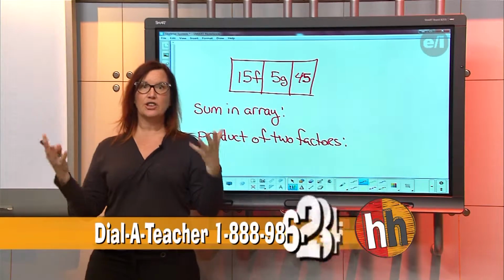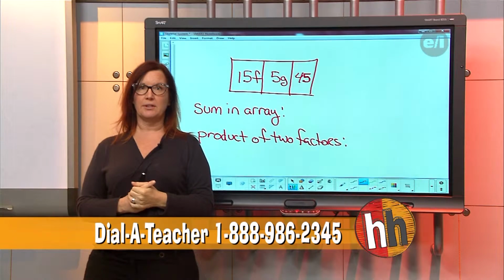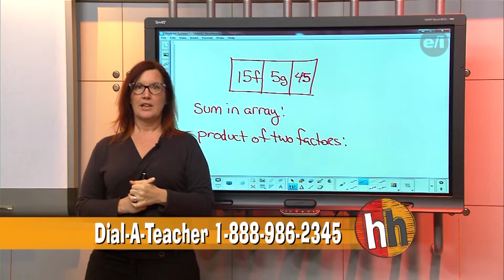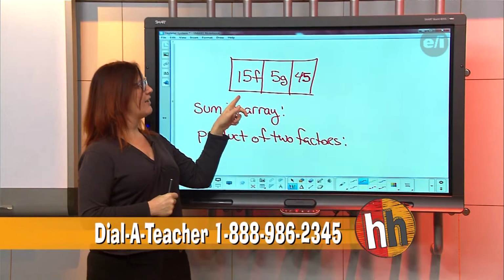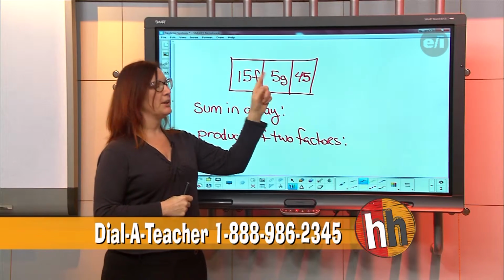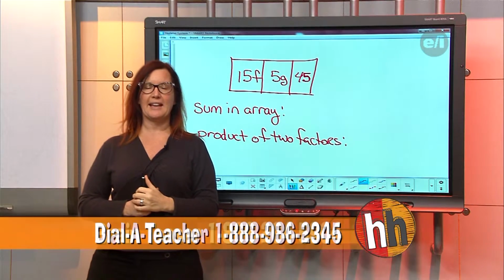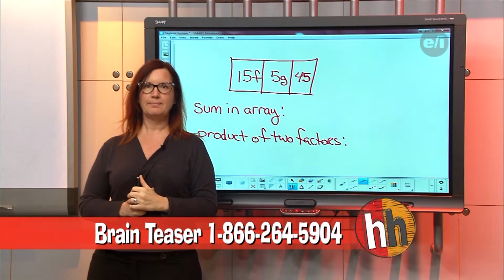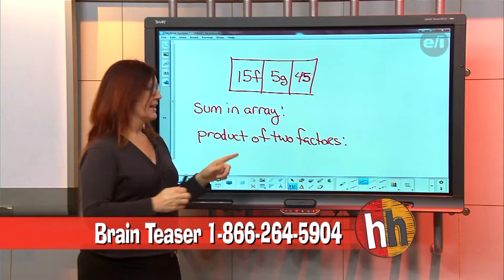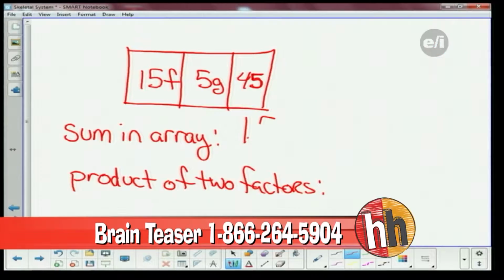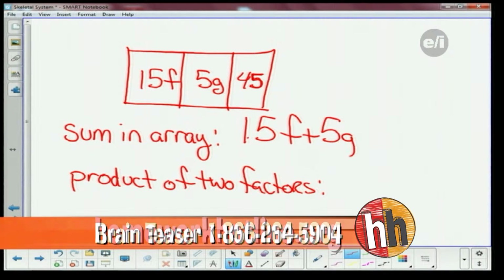So if I was going to add those all together, what would you get? So if I added 15F plus 5G plus 45, what number would I get? That's what they want to know. Okay? So I'm going to write 15F, that's the answer, plus 5G plus 45.